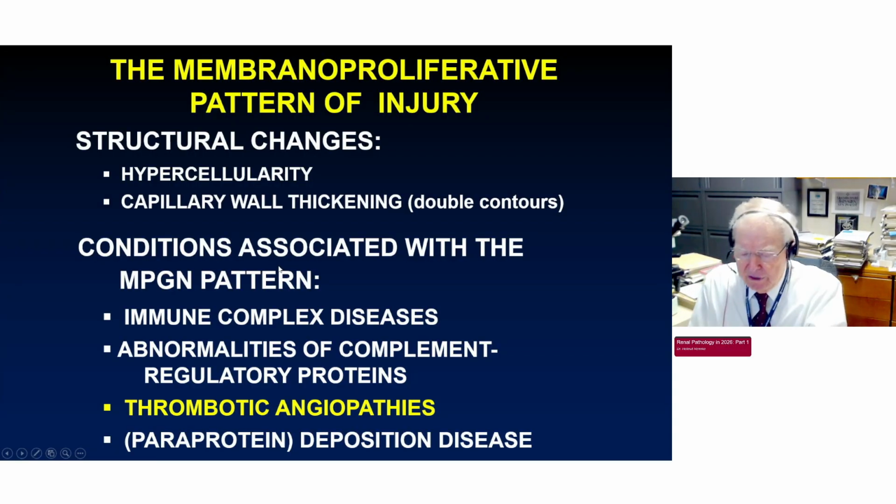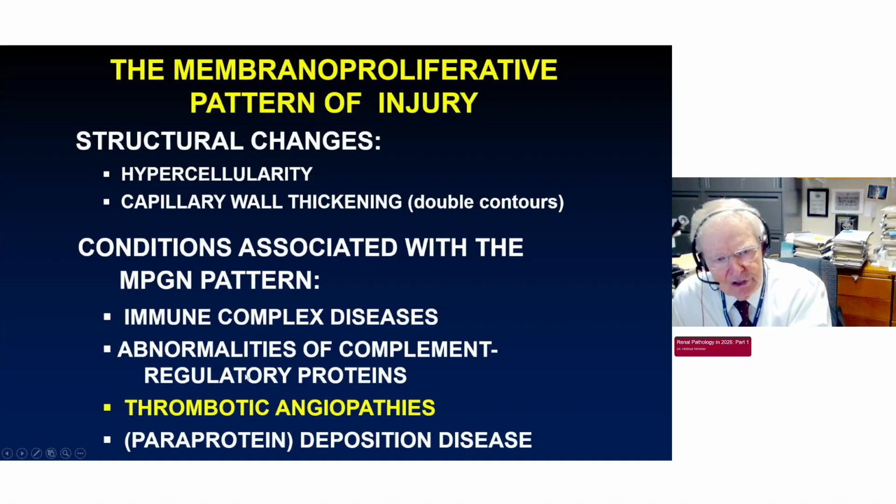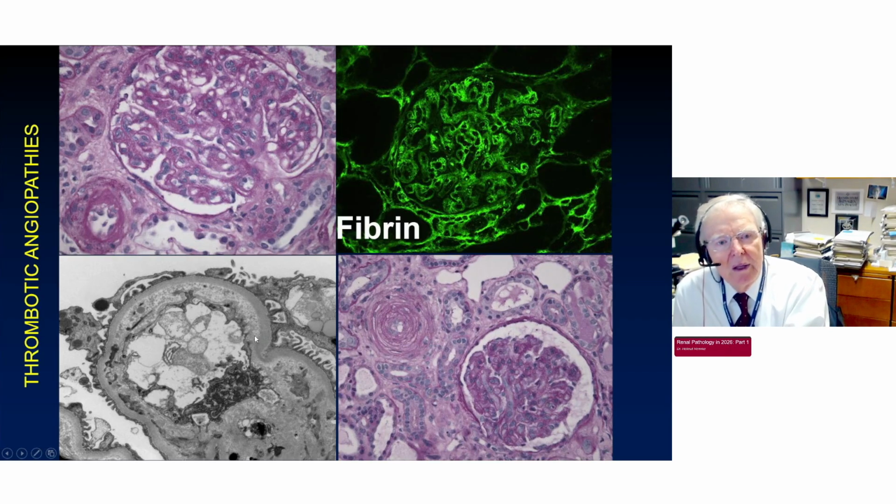Not to forget that thrombotic angiopathies can also result in the membranoproliferative pattern of injury. And here you have a classic example of a membranoproliferative pattern with double contours, but no electron-dense deposits, with very severe onion skin lesions of the arterioles, and this is what gives this case away, and dull staining of fibrin along the capillaries.